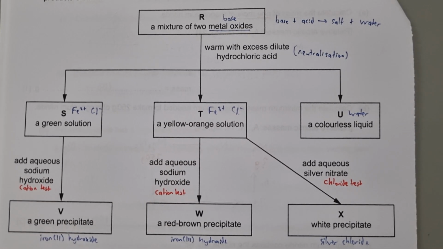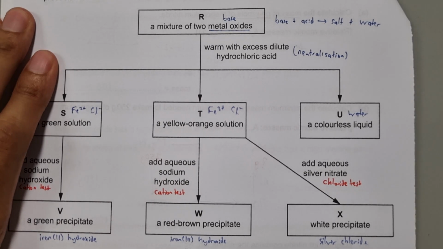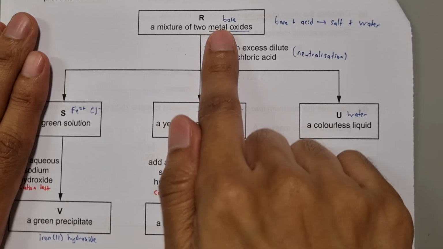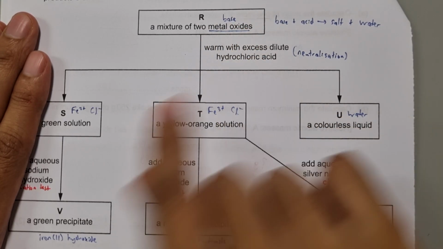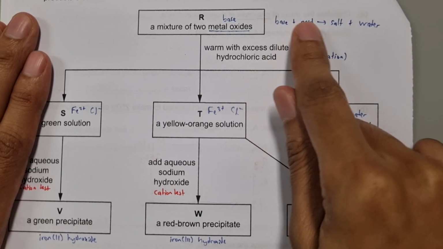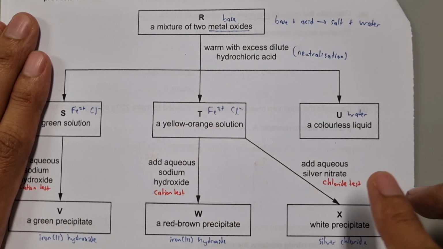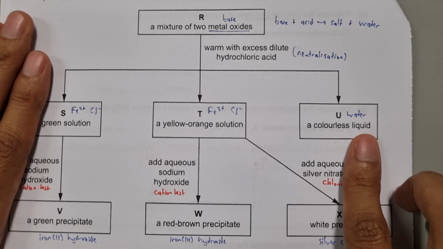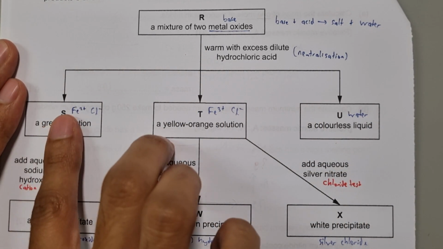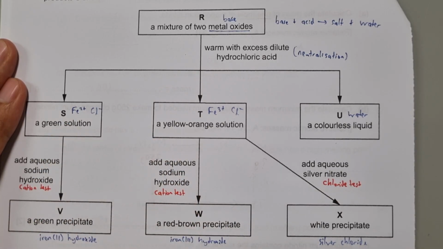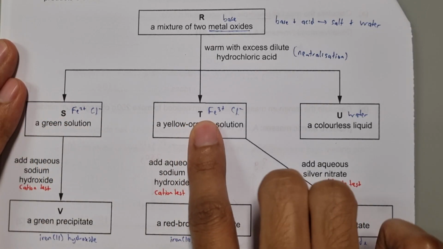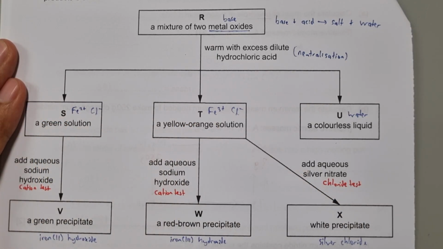Right, let me repeat, in case that was too fast. I started off with two metal oxides which are bases, and when they react with acid, that's your neutralization reaction. So base plus acid, you get salt and water. The colorless liquid will be water, and I get two salt solutions, and using the cation test, I identify that the solutions contain iron 2 and iron 3 ions.